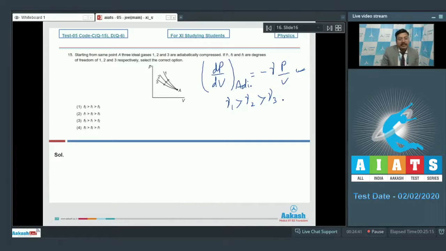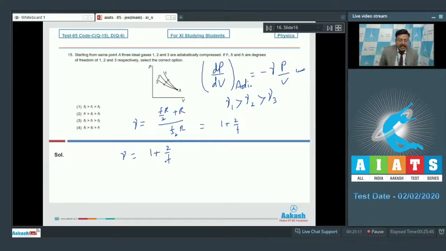Well, to get the expression for gamma in terms of degree of freedom, we can write here that gamma is (F by 2 R plus R), that is Cp, divided by Cv, which is F by 2 R, and that means it is equal to 1 plus 2 by F. So we have gamma is equal to 1 plus 2 by F. F is the degree of freedom and gamma is the adiabatic exponent.